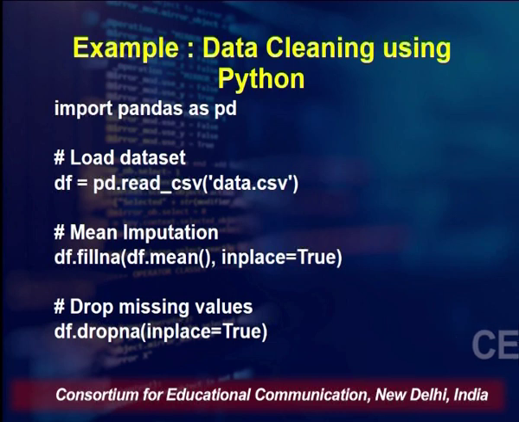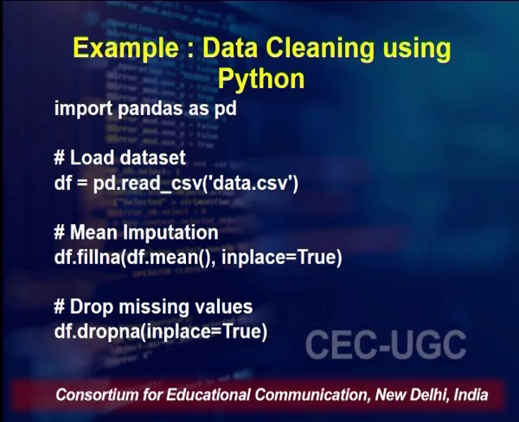So, in case of Python, this is a simple code which shows how we can do this imputation. If you look here, we are simply importing pandas as pd. Pandas is a Python library. We will be discussing this later on also when we will be doing the data analysis questions or programs. Here, the first thing that you do is load the data set. We are trying to read a CSV file, a comma separated file, called data.